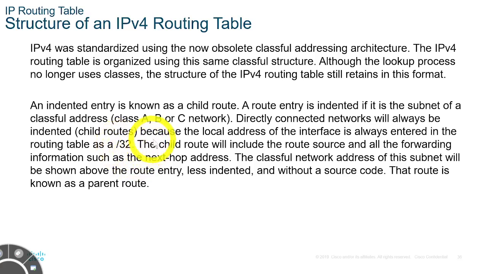Okay. So the child route will include the route source and all the forwarding information such as the next hop address. The classful network address of this subnet will be shown above the route as less indented and without a route source code. This route is also known as a parent route.